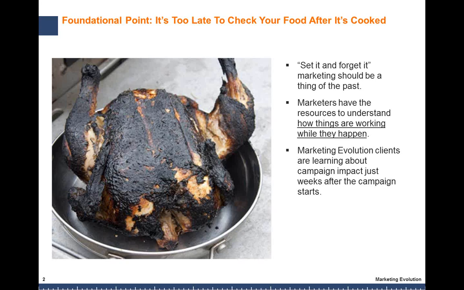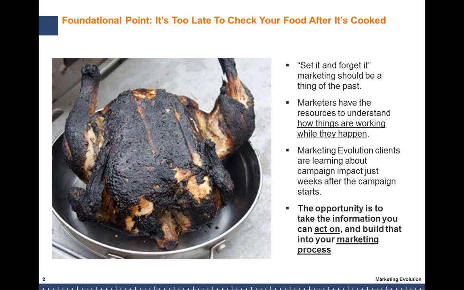So in today's webinar, we won't spend as much time talking about how we do that, and I can refer you to some previous webinars to go through that topic. Today's discussion is really to understand how you can take the information you have learned and act on it by improving some of your marketing processes.